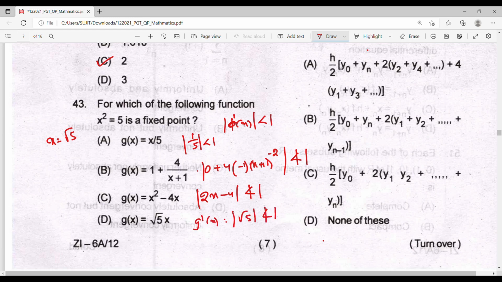So our fixed point function, where mod of phi dash x is always less than 1, is correct.